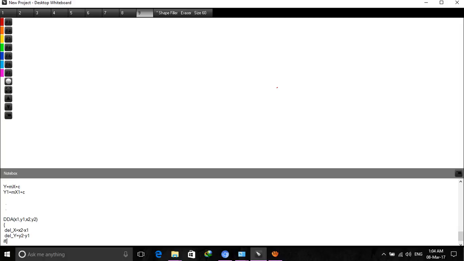If delta y, that is del y, is less than or equal to del x, so we have the smallest term in the numerator and largest term in the denominator.